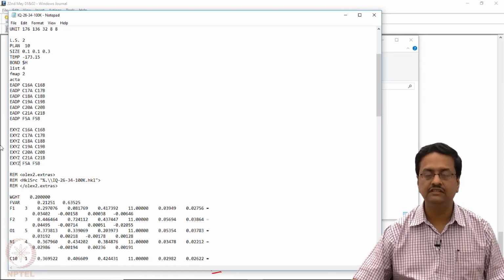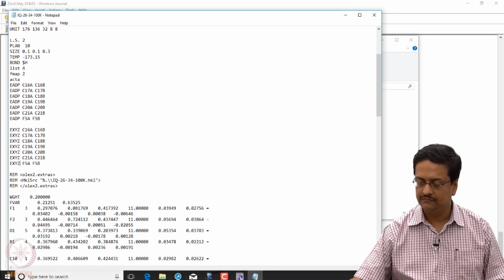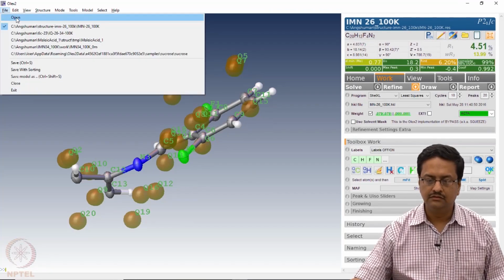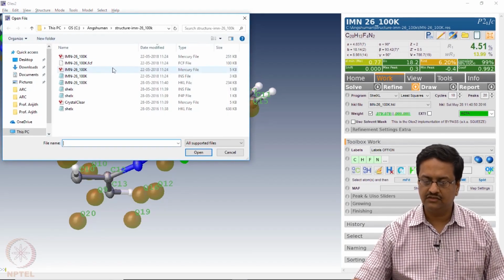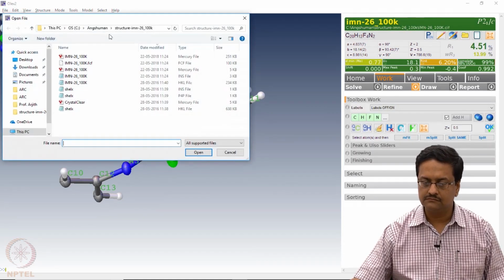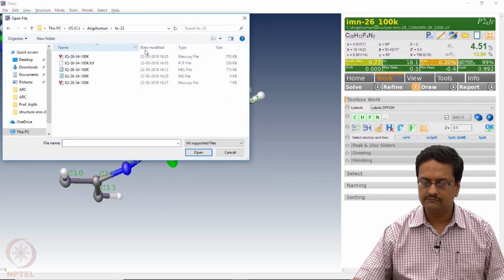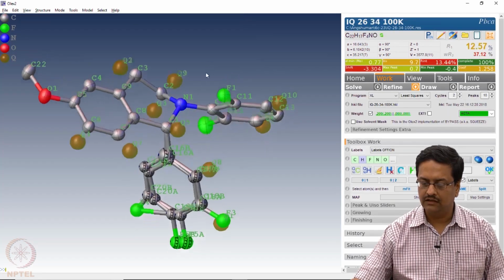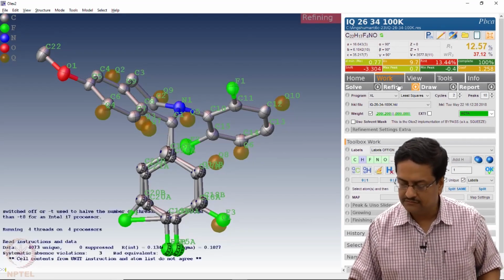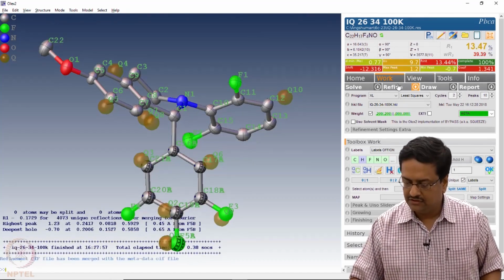And save this RES file. And now we go back to our structure solution and select the RES file that we have just now modified. And then refine it a couple of times.